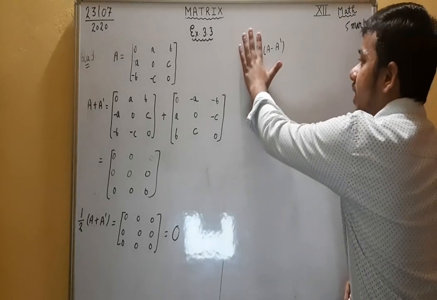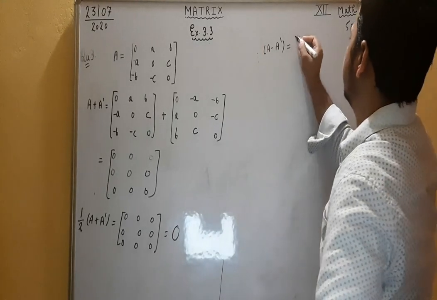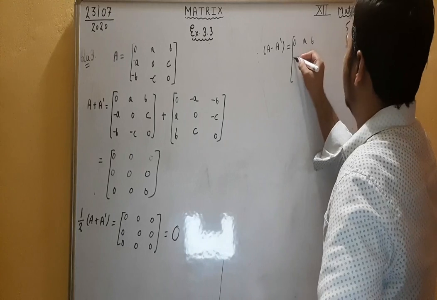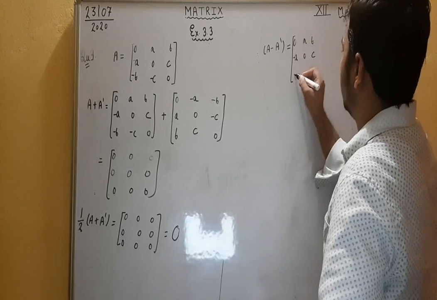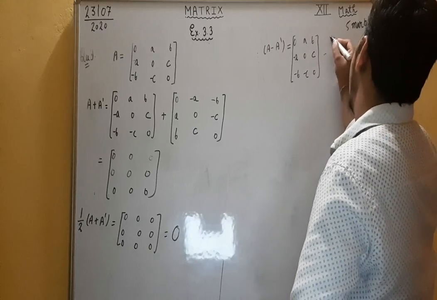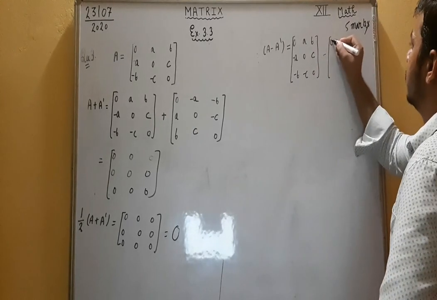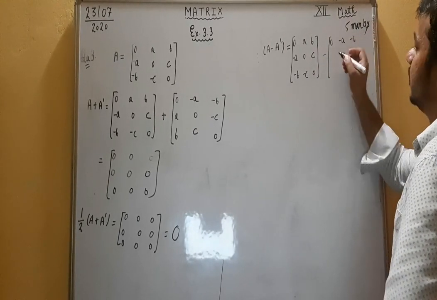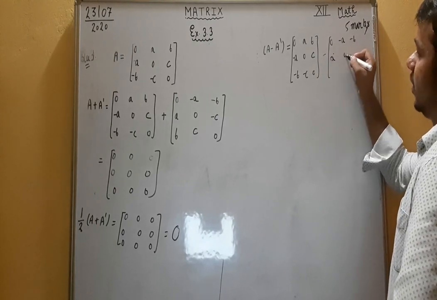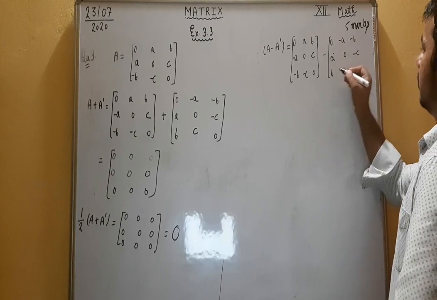First of all, we will find A minus A dash. Let us see. The value of A is 0, a, b, minus a, 0, c, minus b, minus c, 0, and take minus 0, minus a, minus b, minus, a, 0, minus c, b, c, 0.